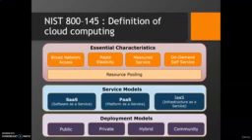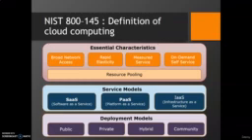In resource pooling, the provider's computing resources are pooled to serve multiple customers using a multi-tenant model, with different physical and virtual resources dynamically assigned and reassigned according to customer demand. There is a sense of location independence in that the customer generally has no control or knowledge over the exact location of the provided resources, but may be able to specify location at a higher level of abstraction.